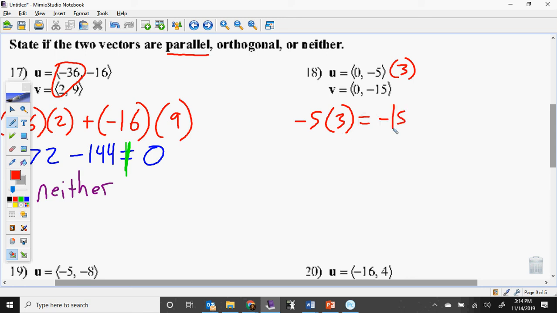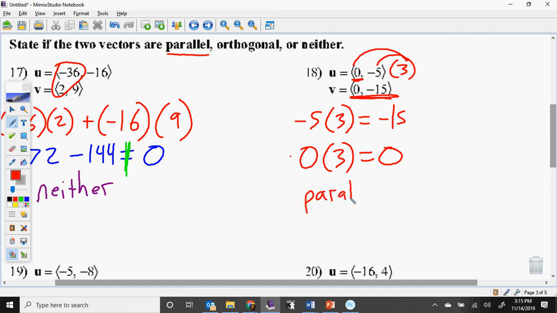Okay. Well, the other number is 0. Does 0 times 3 give me 0? Well, yeah, I can distribute 3 to both of those, because 3 times negative 5 is negative 15, 3 times 0 is 0. So by multiplying u by 3, I get v. So that means they are parallel.